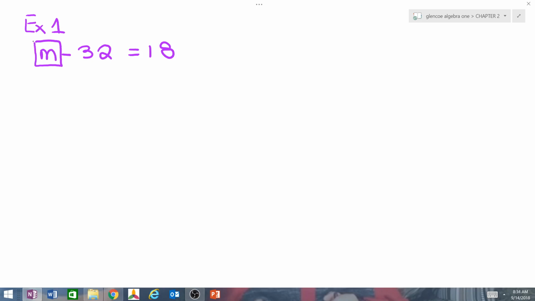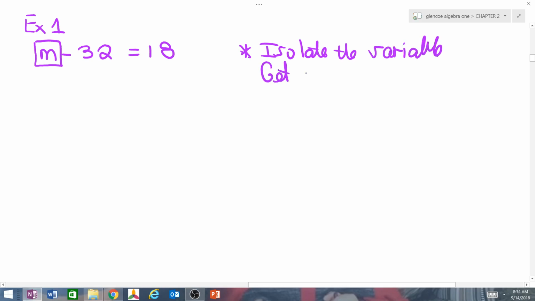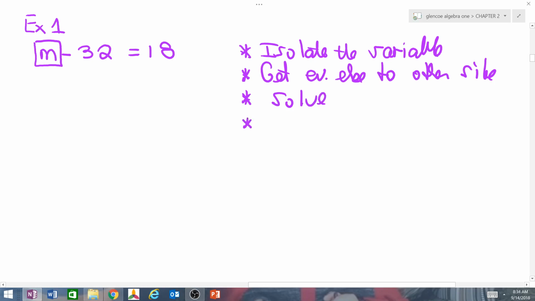So the whole deal here is we're going to isolate the variable and get everything else to the other side, then we're going to solve. And I highly recommend that you check your work, even if you do it mentally. Plug it back in to make sure it works.